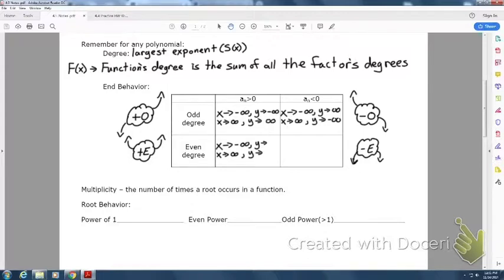On a positive even, okay, it's up, up. So both my y's are going to positive infinity. And then if it is a down, down, both my y's are going down. So they are both going to negative infinity.